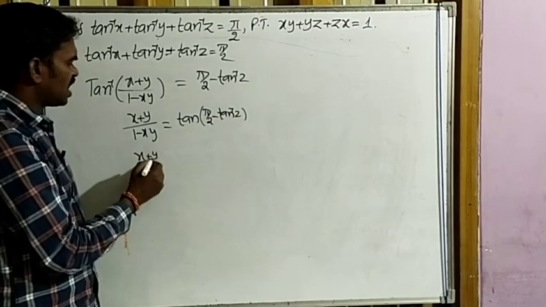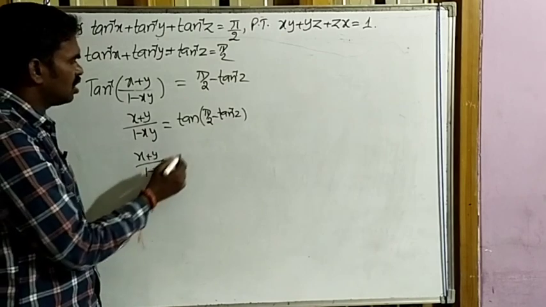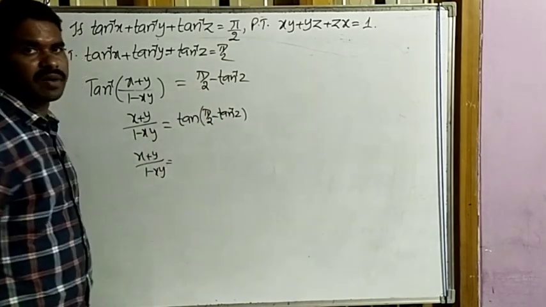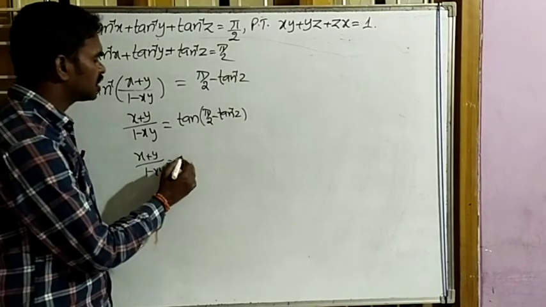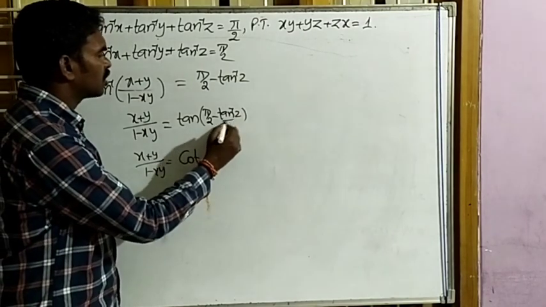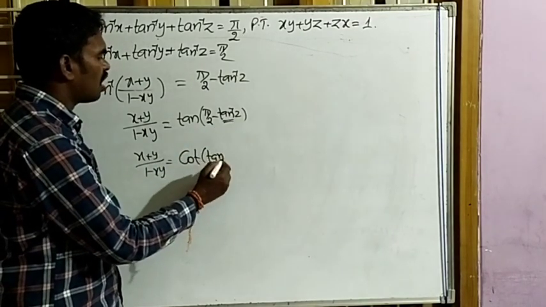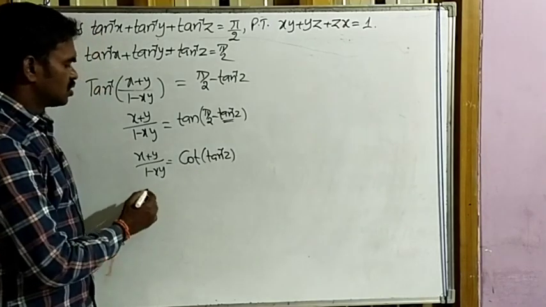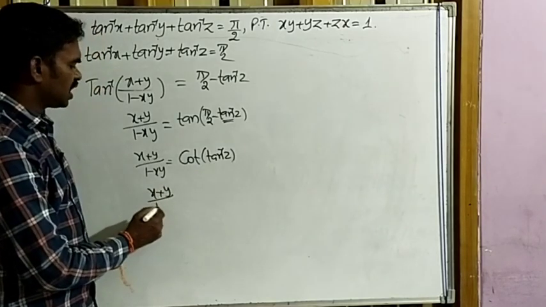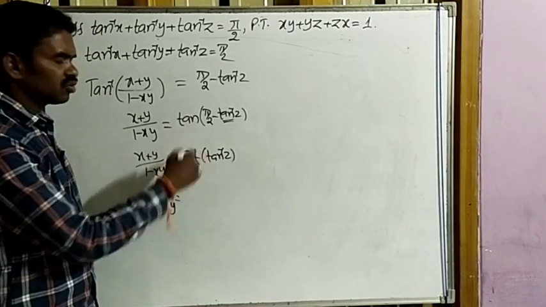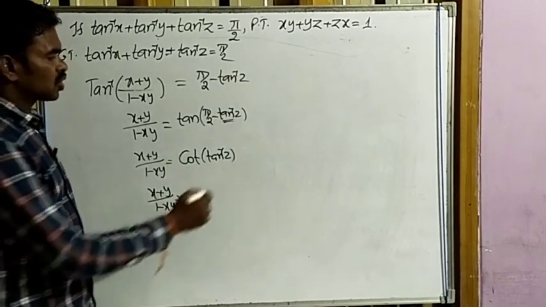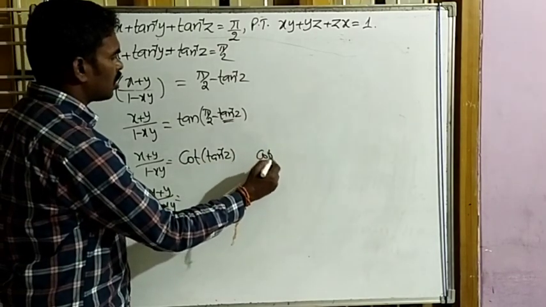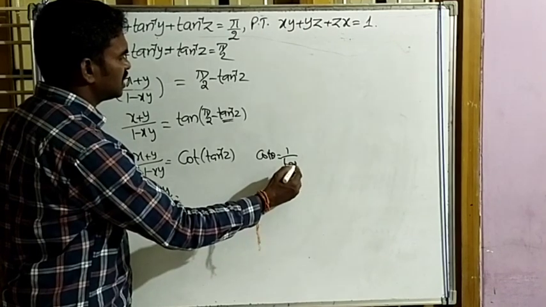So (x plus y) by (1 minus xy) equals tan of 90 minus theta, which is cot theta. But here it is not theta, it is tan inverse z. So cot of tan inverse z. Will there be a cancellation? No. Cot theta is also written as 1 by tan theta.